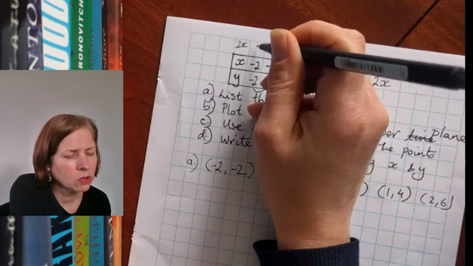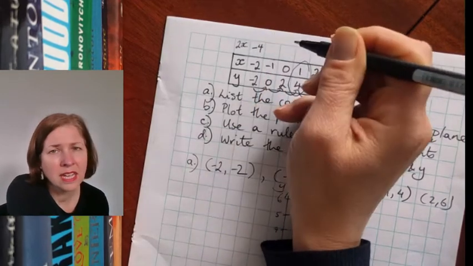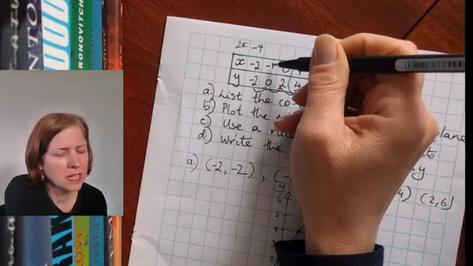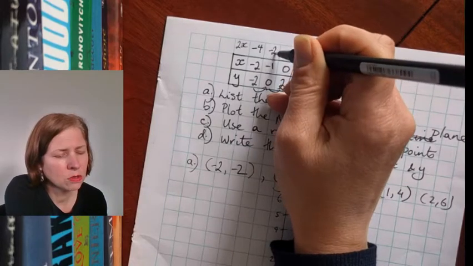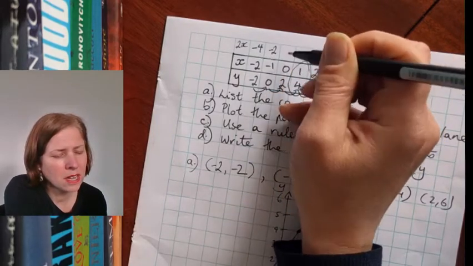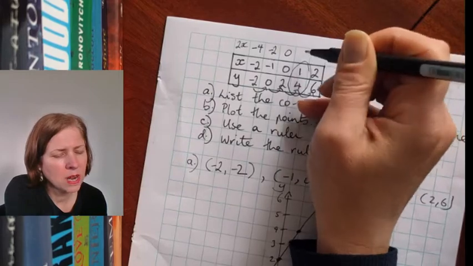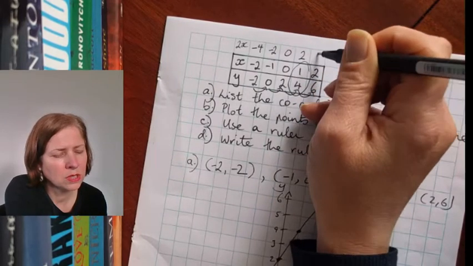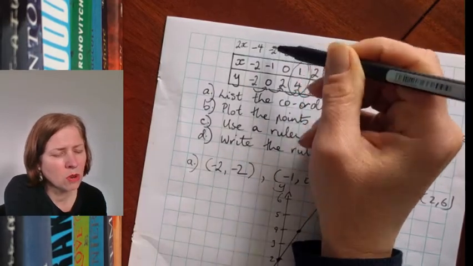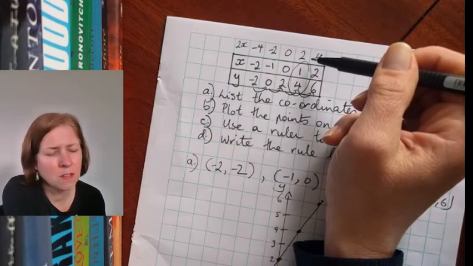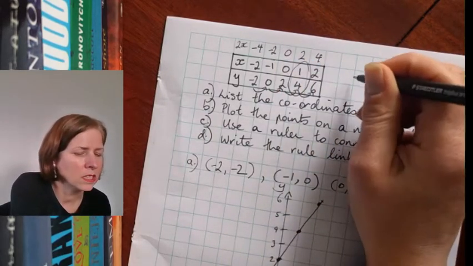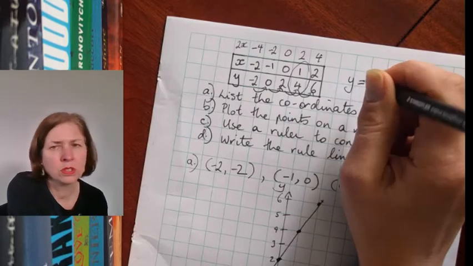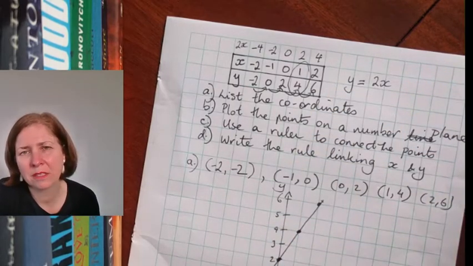So what would it give me if I had 2x? Well, negative 2, double that, I get negative 4. Negative 1, double that, I get negative 2. 0, double that, I still get 0. Double 1 is 2, and double 2 is 4. So this row would be what I would have if my equation was y equals 2x.